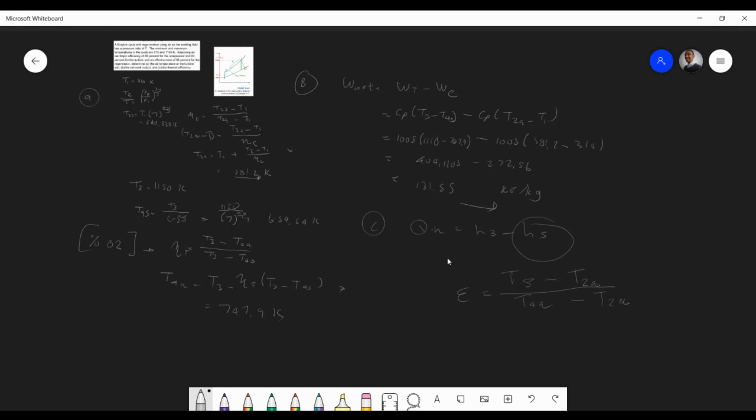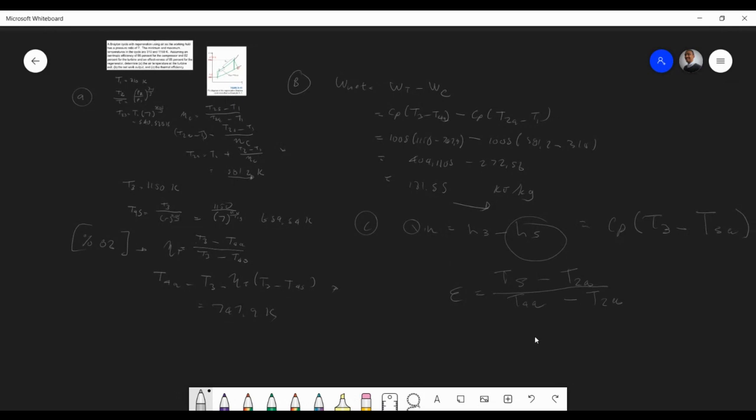So Q in is CP times T3 minus T5. T5 or T5A, whatever it is. Once you have Q in, you find your efficiency. You'll be marked incorrectly if you use H2 minus H3, because in the question, you have a regenerator added.